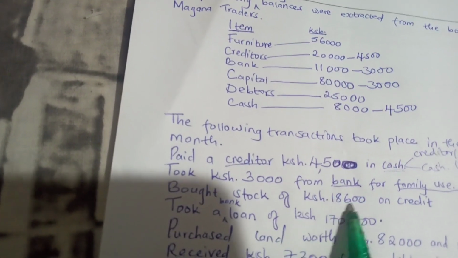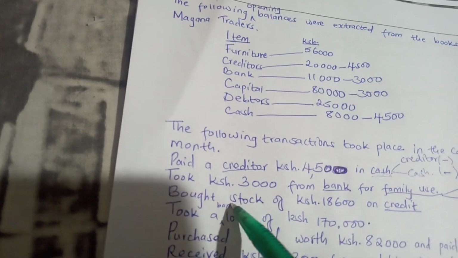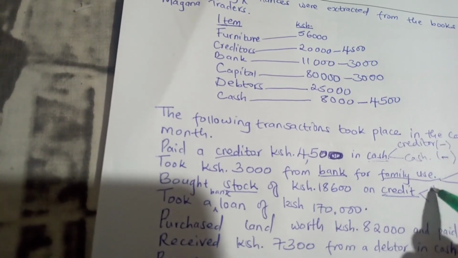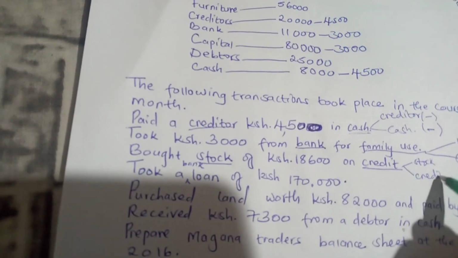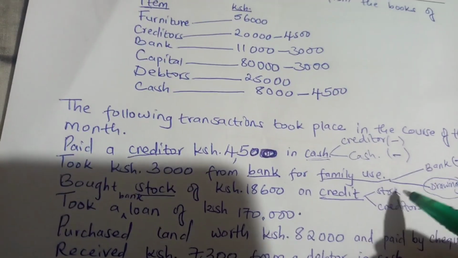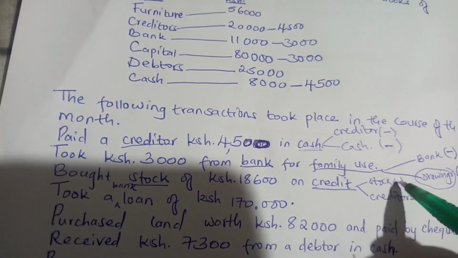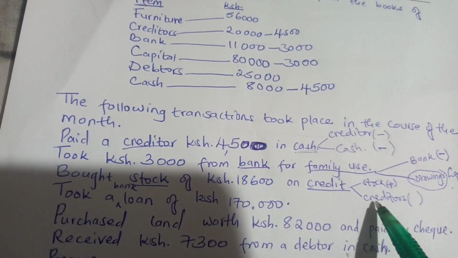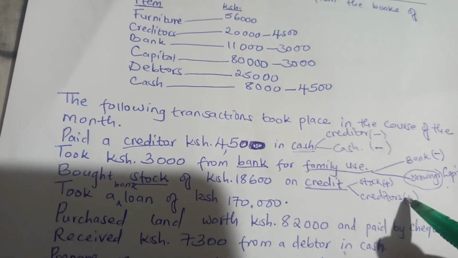Bought stock 18,600 on credit. In this case, our two accounts will be the stock and the creditors. This guy bought stock on credit. So what is happening to stock? It has increased. So we have a new item, that is stock, so an increase, and the creditors of the business also increased.